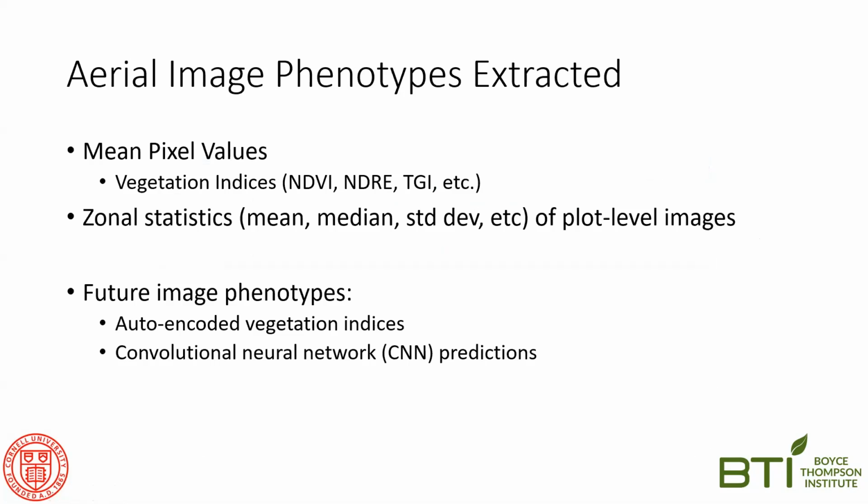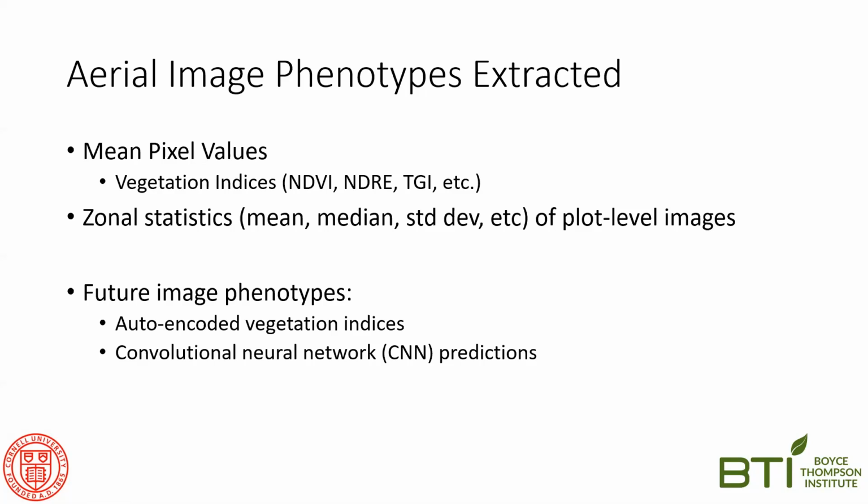So the kinds of phenotypes that are being extracted are essentially mean pixel values, what we're looking at right now, so that we can calculate vegetation indices, like NDVI.